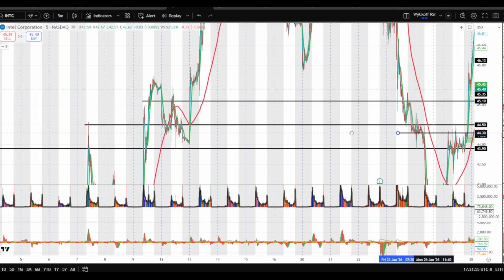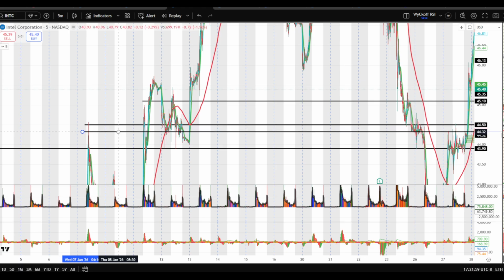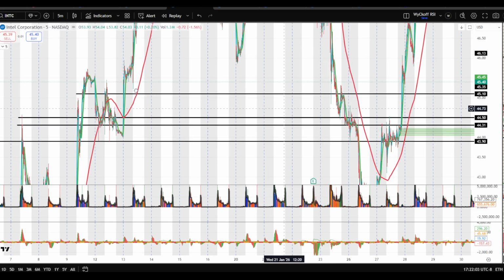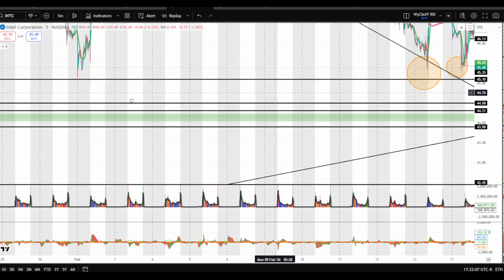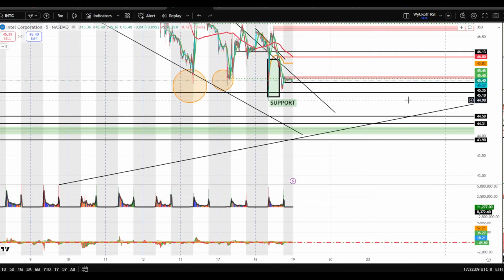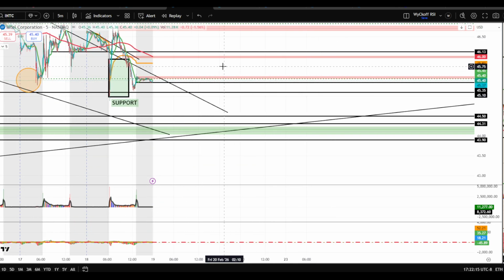And then from here it looks like 44.30 about. So if it drops lower tomorrow, those are some areas you might want to consider, because again, it is on that downward channel on the bigger time frame.